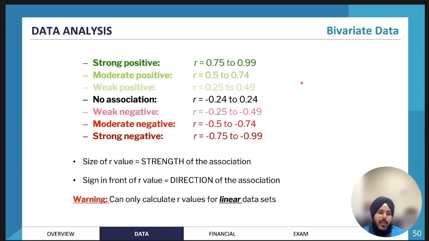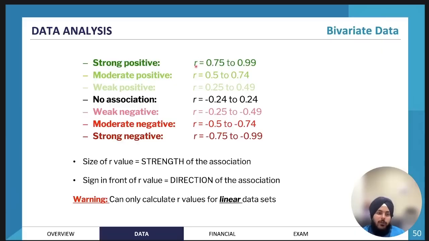Here is just a guideline of how you may describe the association. You might say that there is a strong, moderate, or weak association. And in terms of the direction, you might say that there is a positive or a negative, or no association in some cases. If the R value is between positive 0.75 and 0.99, it's a strong positive relationship.